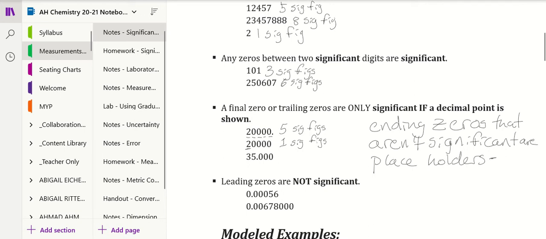And we said those are necessary. Why? What do they tell us? The size of the number? Okay.